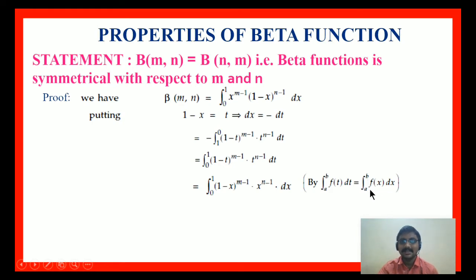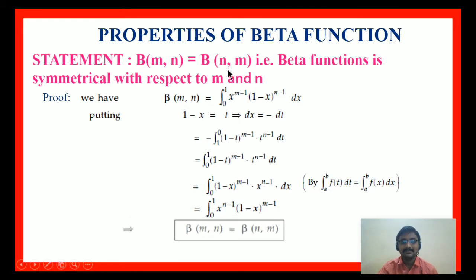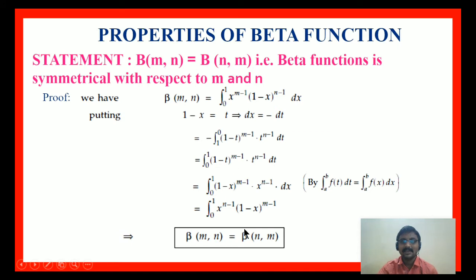The definite integral is a function of limits only. So we will have the integral of 0 to 1 x to the power of n minus 1, (1 minus x) whole power m minus 1 dx. It is nothing but beta of n, m. So thus we have beta of m, n is always equal to beta of n, m. For example, beta of 5, 4 is equal to beta of 4, 5.